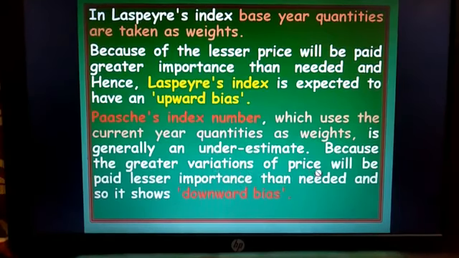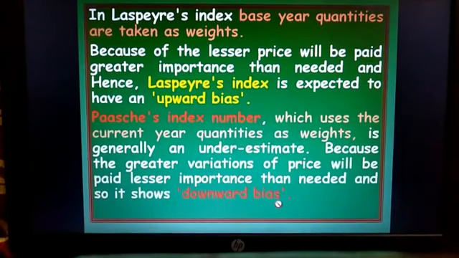Greater variation of price is nothing but an increase in price. In the current year, the price will be increased as compared to the base year. So because of this greater variation of price, it will result in lesser importance. Because of this lesser importance than needed, we say Paasche's index number will have a downward bias.